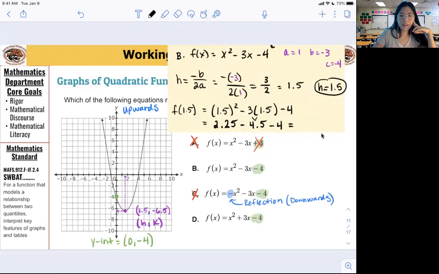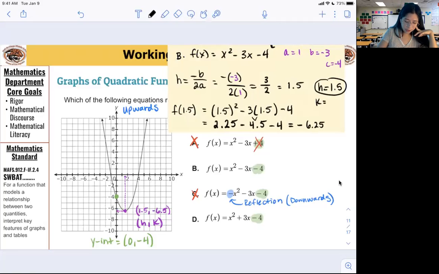Final answer. There you go. Good. Bianca got it first. Negative 6.25. And that is my K value.